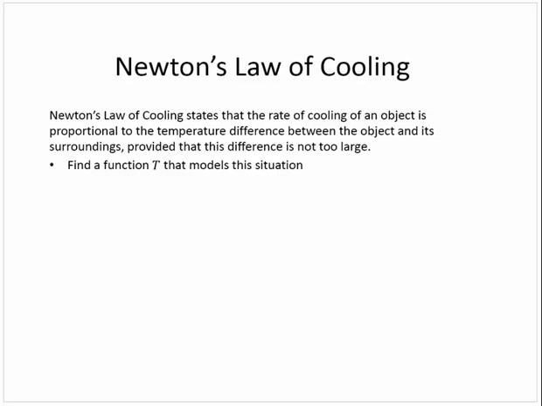Okay, so let's be a little bit more careful. I'm going to let capital T represent the temperature of the object. We'll let little t represent the time. I'm going to let T sub S represent the temperature of the surrounding.